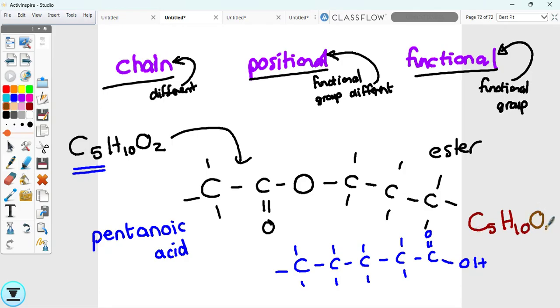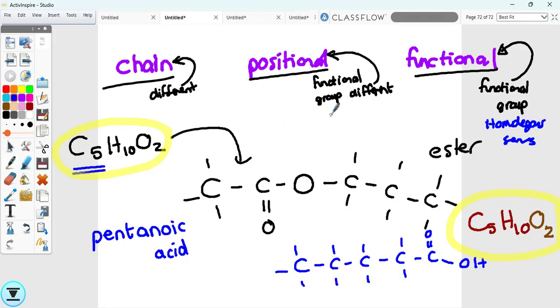Yeah. So can you see the molecular formula is the same? So we're happy that it is an isomer because they have the same molecular formula. And we're also happy that they belong to a different homologous series because they have a different functional group. Just remember that when they have a different functional group, it also means that they would belong to a different homologous series.